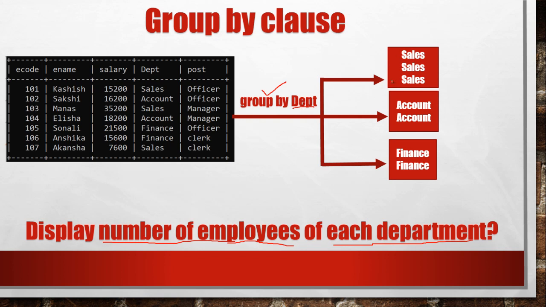In the first group all the sales department records are included, in the second group all the accounts department records, and in the third group all the finance department records. Once all these records are included, the system will consider all these groups one by one for finding the result.